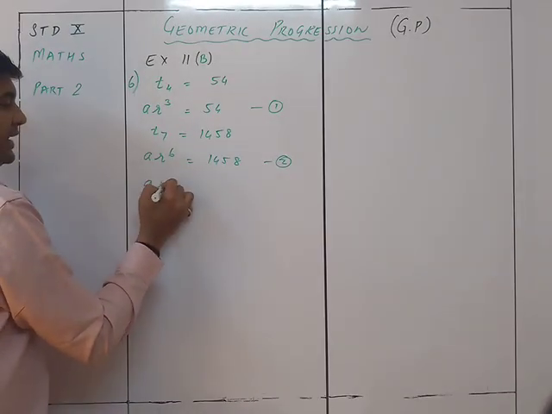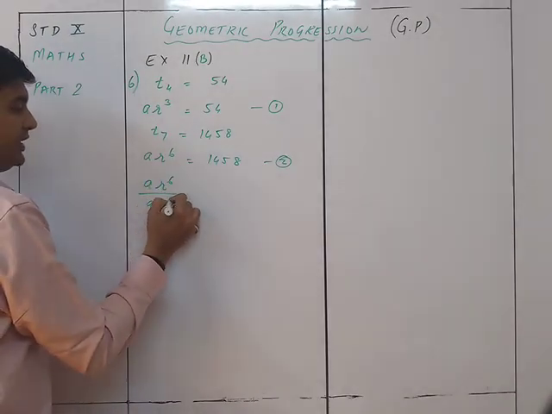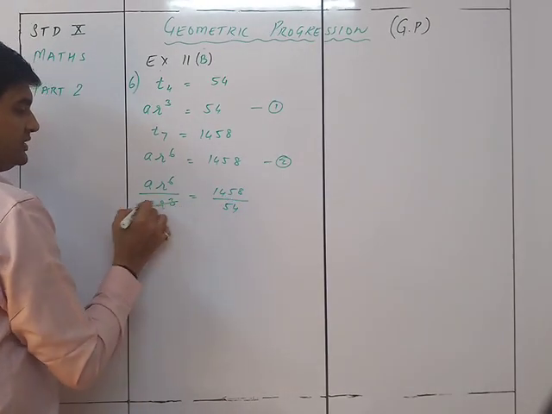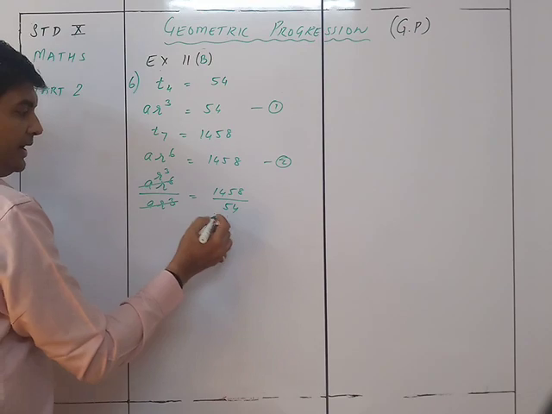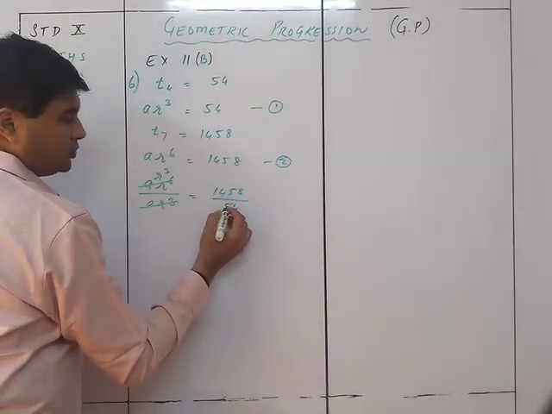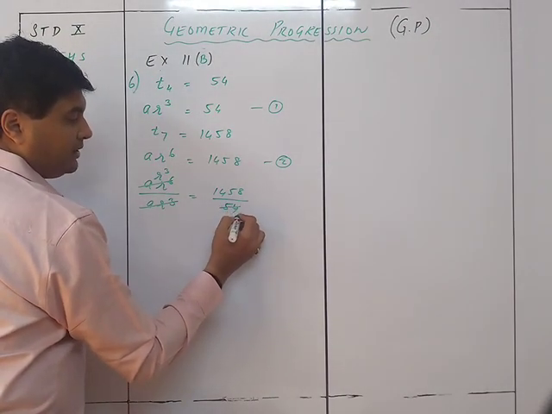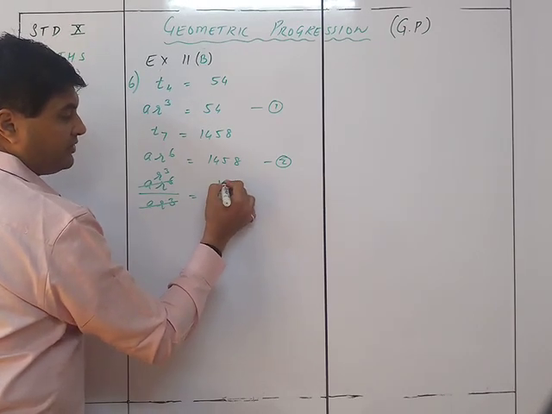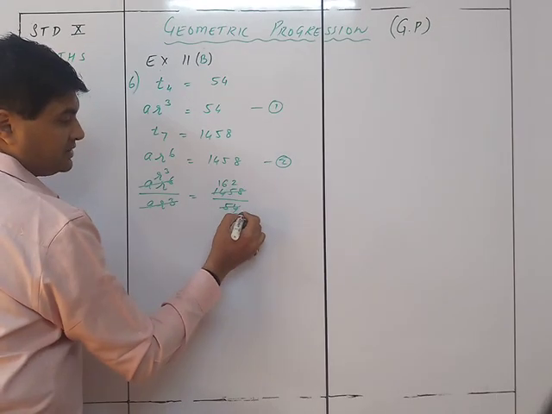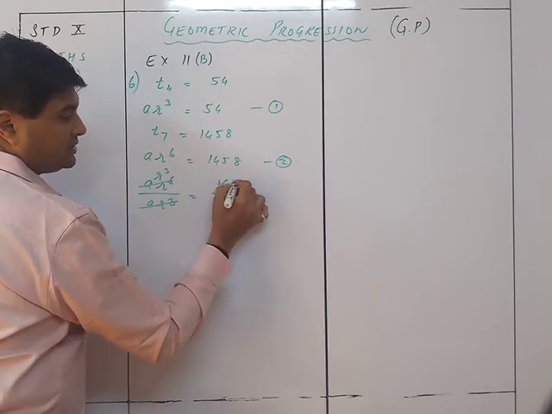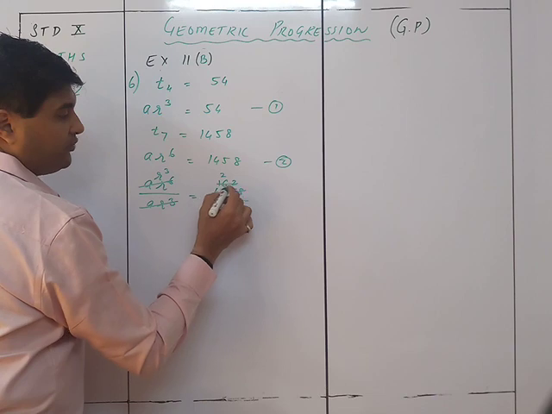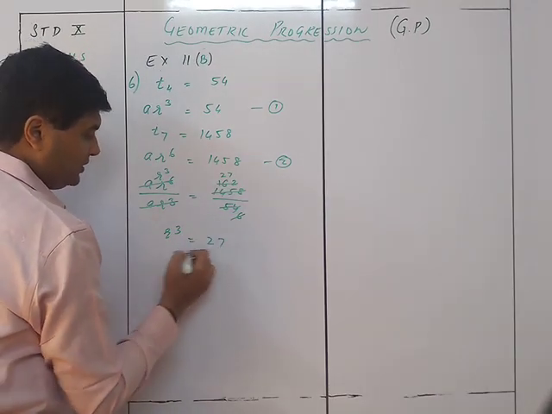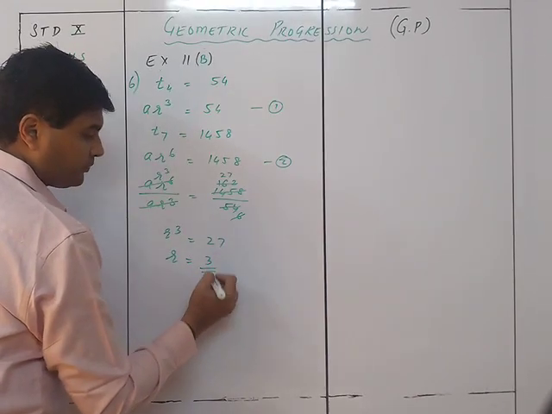Dividing the two, AR raised to 6 upon AR raised to 3 is 1458 upon 54. So this cancels to R cube, and here is 54. So we take 9 6s are 54, 9 1s are 9, 5 is again 6s are 54, and 2s are. So 6 2s are 12 and then 42 is 7s are. So that is 27. So R cube is equal to 27. So R is equal to 3.